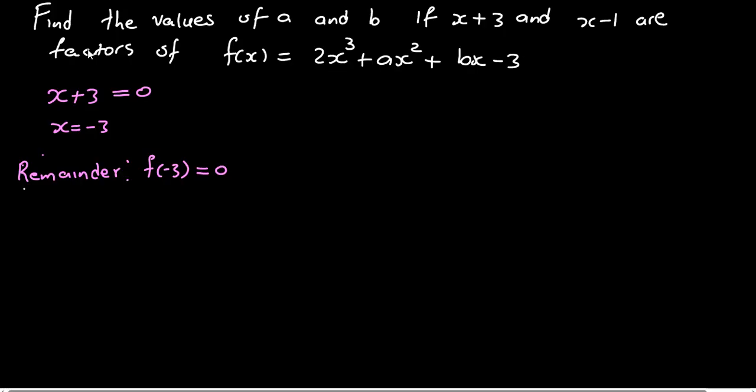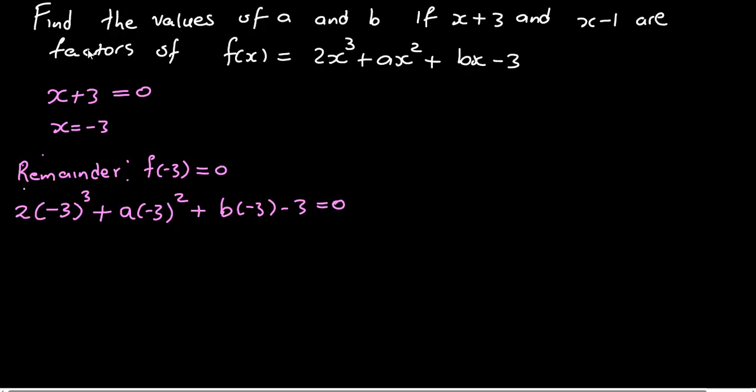So if it's a factor, that's when you equate to 0. Where there's x, we put negative 3 in the original equation. This will be 2 times minus 3 to the power 3, plus a times negative 3 to the power 2, plus b times negative 3, then minus 3. When you work this out, remember, don't forget to equate this to 0.